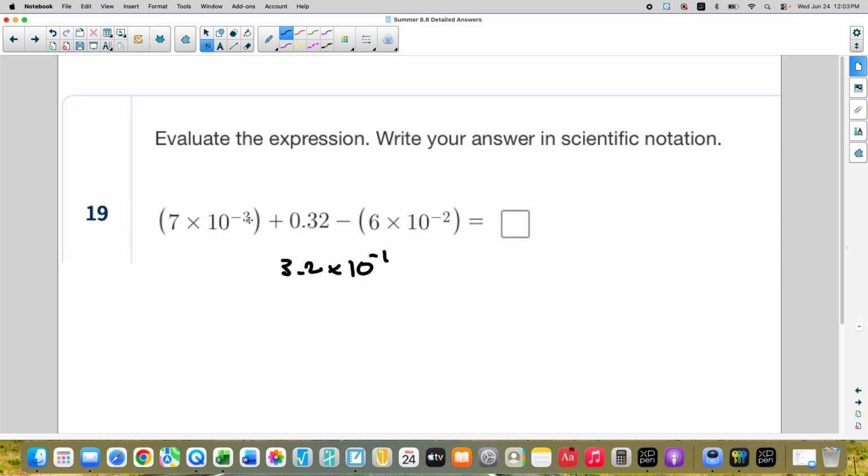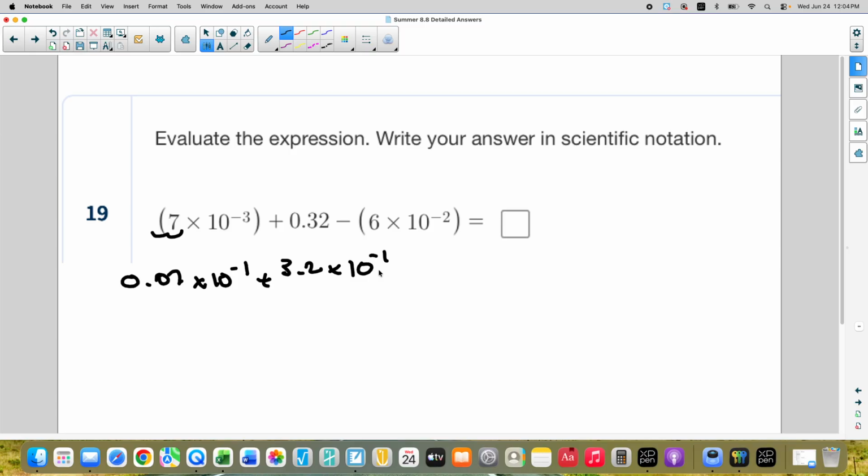If I want everything to be the same, let's move them all to the same exponent. We'll move it 2 places, and that'll be -1. So that is 0.07 times 10 to the -1 plus that.